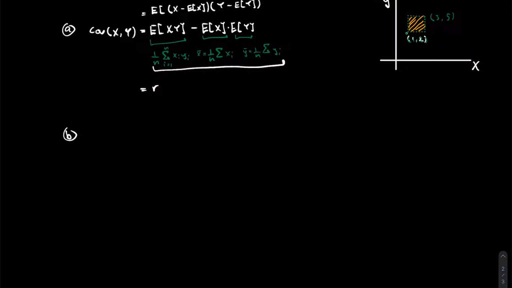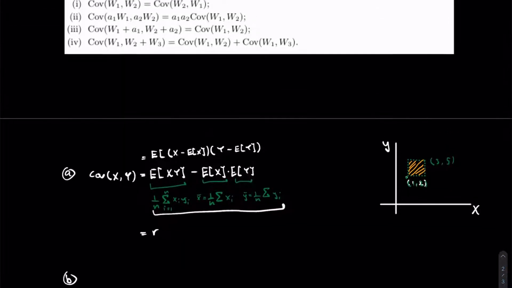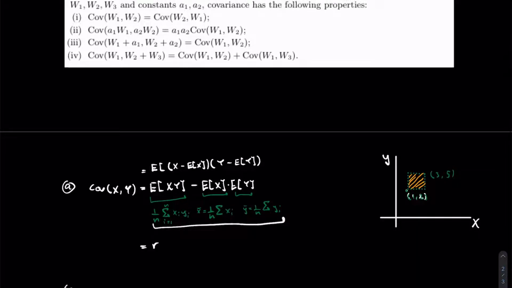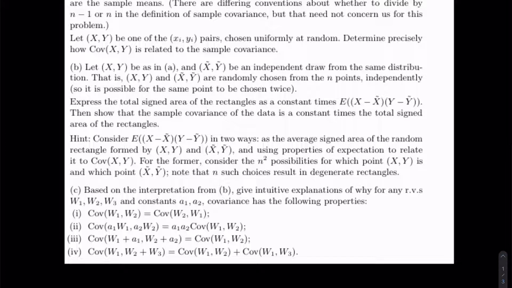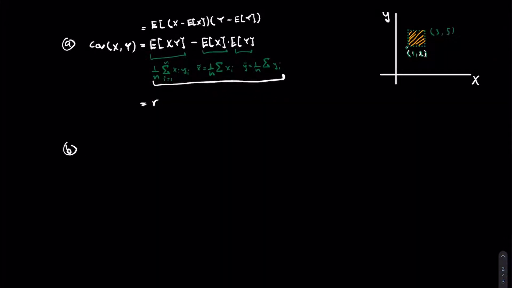Okay, so we're given the hints. We are given the encouragement here to start by looking at the total. Let's see here. So basically we're considering this term here in two ways: as the average signed area, and also as using the properties of the expectation.